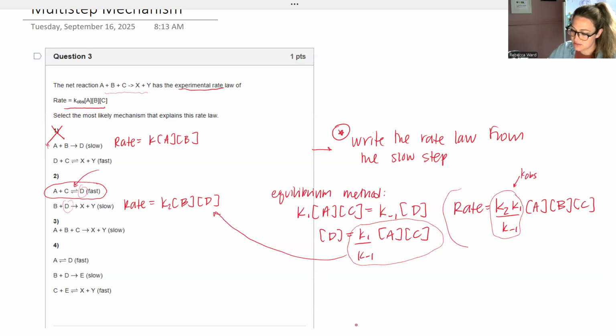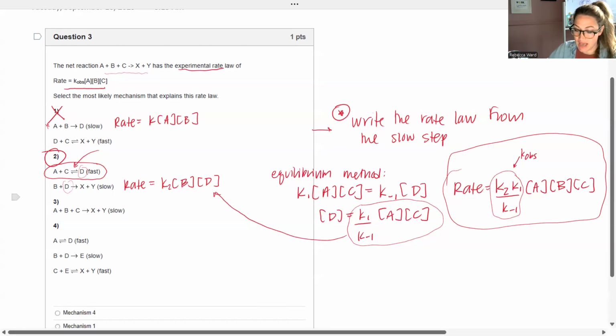This is the rate law that was experimentally observed. So mechanism 2 is in contention here. It does make sense and would be consistent with the experimental rate law. I'm going to check the last 2 just to make sure that something funky is not happening, but so far, 2 is a viable option.